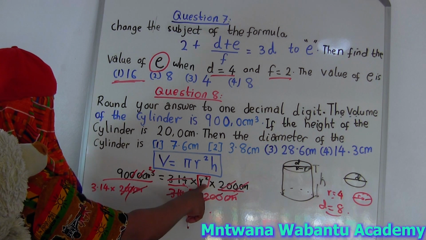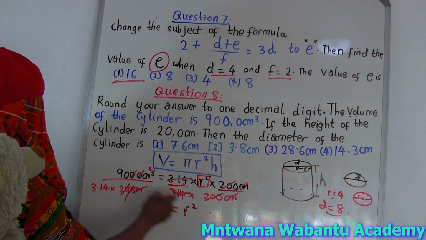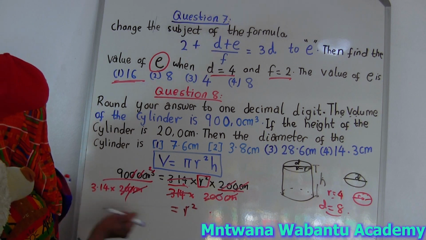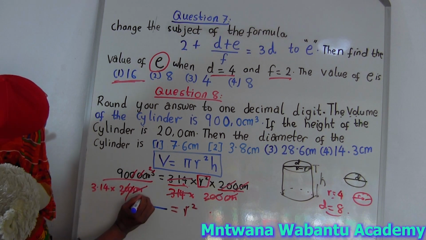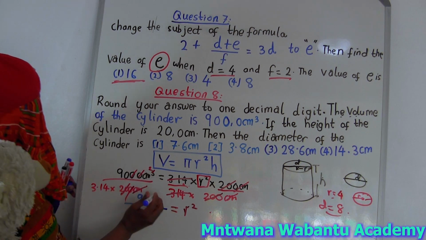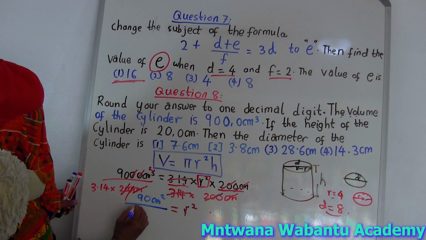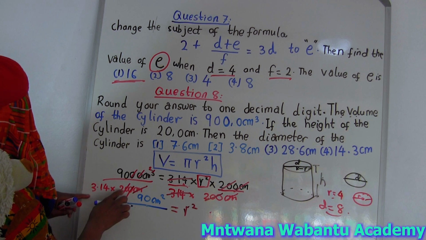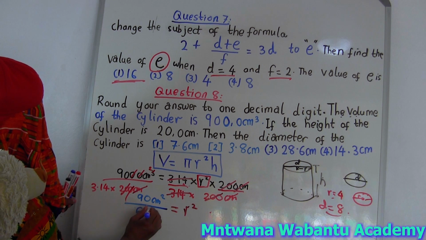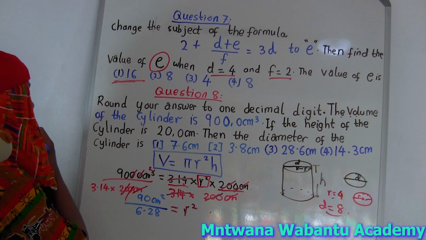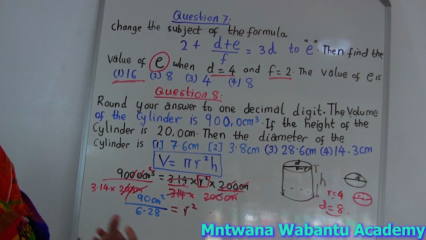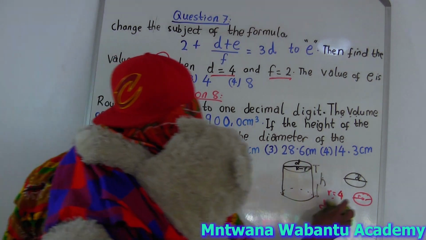So r square is equal to 90 centimeter square, because remember 1 centimeter has gone, over 3.14 times 2, which is going to give us 6.28. Okay, so let me get the radius. It's easy.